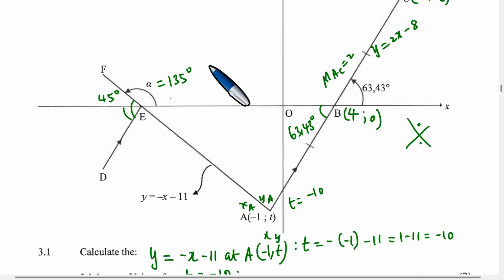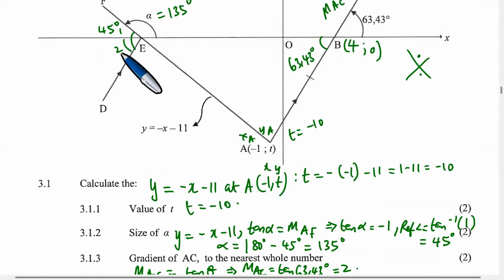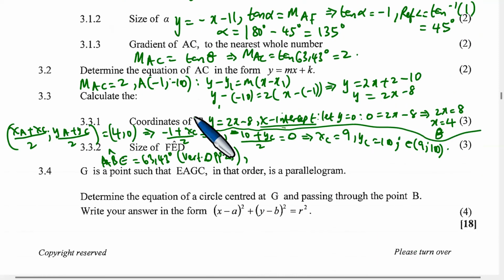We can call this one E1, we can call this one E2. Right, we need to find E2, so E1, E2. We can see clearly that angle E2 is equal to 63,43 degrees. Why? Because the angles in F, they're called corresponding angles.